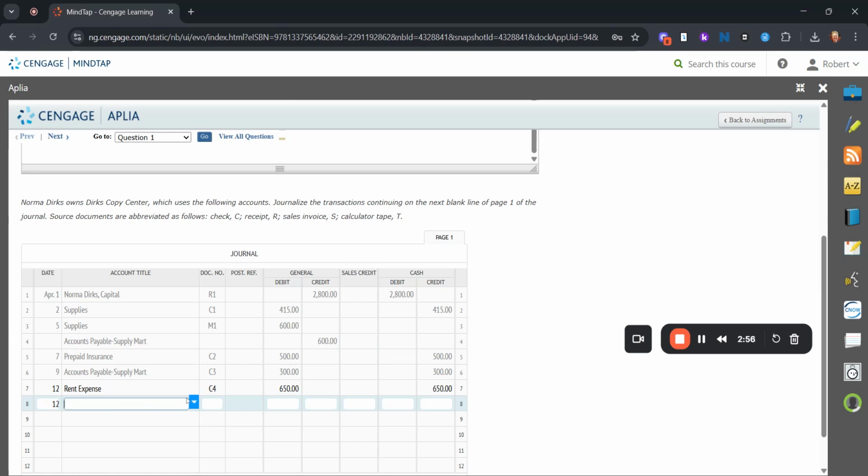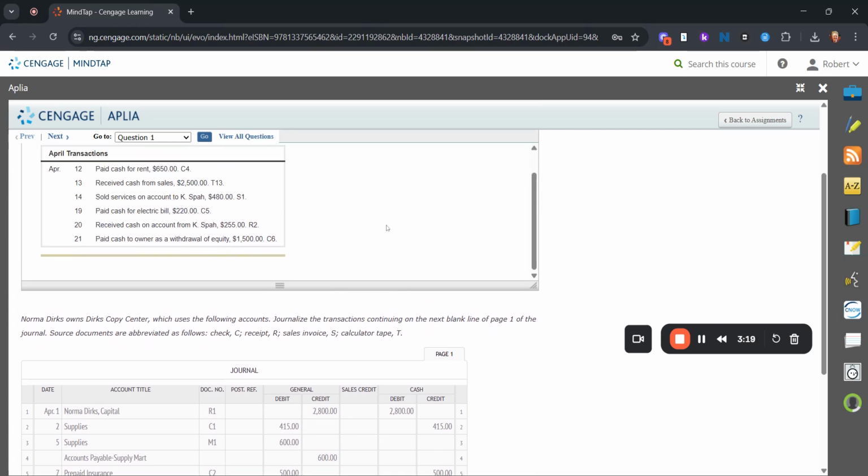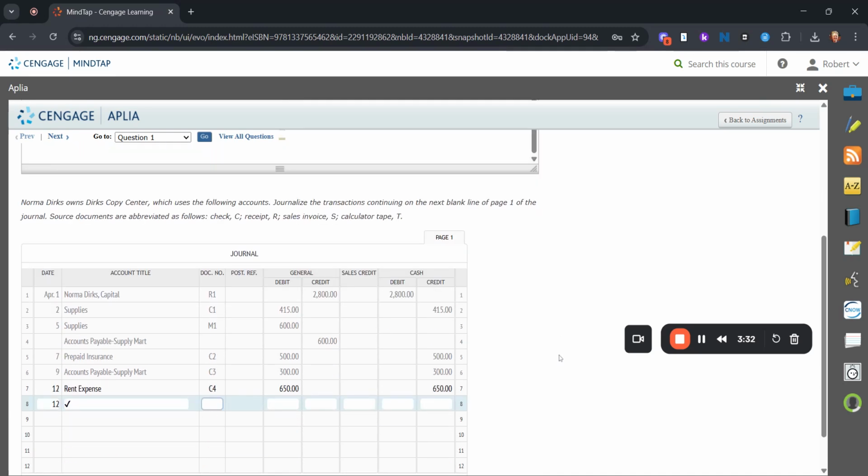And on this one, since it really doesn't go to any specific account title listed here, we'll put a check mark there. The document for this one is going to be the calculator tape, which is that same type of paper that receipts are printed on, but they're inside the cash register. So that keeps a paper copy of all the transactions. So that's tape, it's 13, T13.